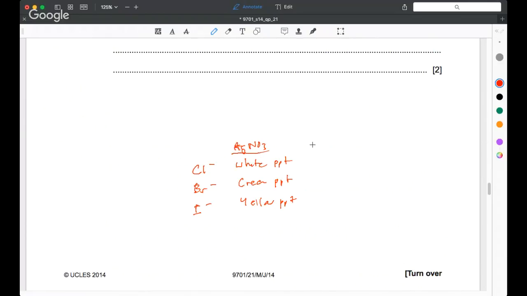So to be completely sure, then you can add ammonia solution, and this white precipitate of silver chloride will dissolve in dilute ammonia.